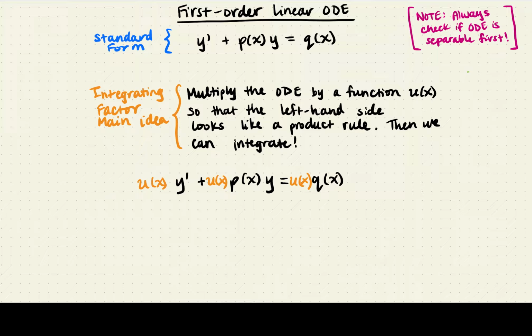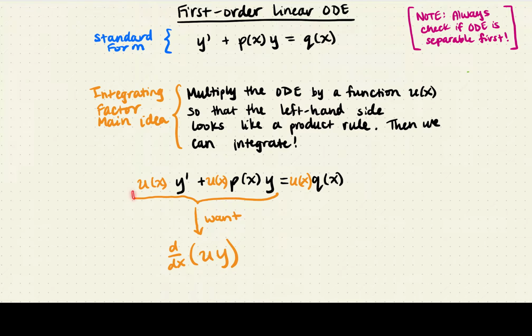The idea is that we want this left-hand side to look like a product rule. So we want this to look like d dx of u times y. This is two functions of x, so you would have to do some sort of product rule to take this derivative.